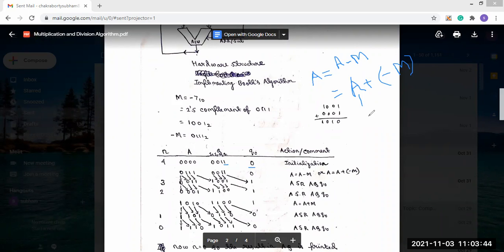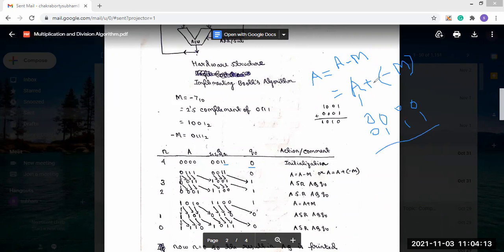A means 0, 0, 0, and 0, that is the value at initialization time. And minus m has the value 0, 1, 1, and 1. This is the minus m value we get.